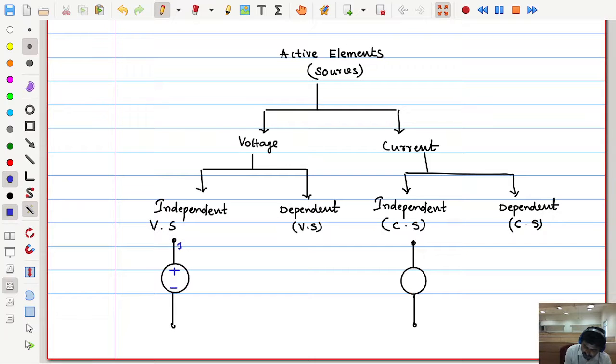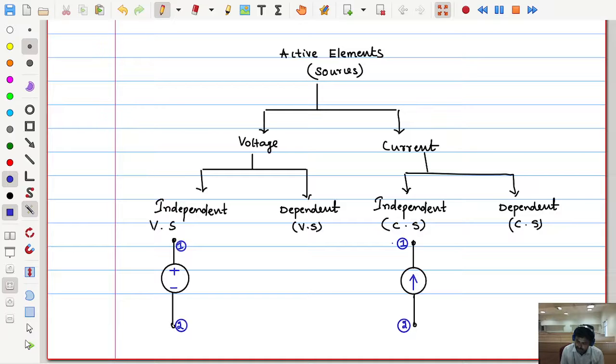That means if this is 1 and this is 2, 1 is at higher potential than 2. That is the meaning. If it is a current source, we usually represent the current direction, in which way current is flowing. So the current is flowing from terminal number 2 to 1. So these are the independent sources' symbolic representation.